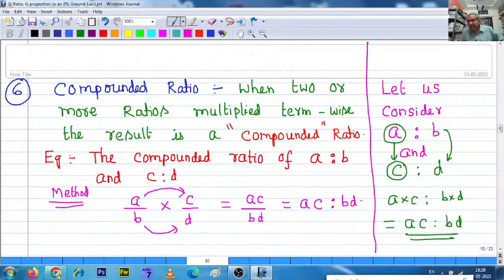So this can be extended to more ratios also, the compounded. So let us move to yet another example.